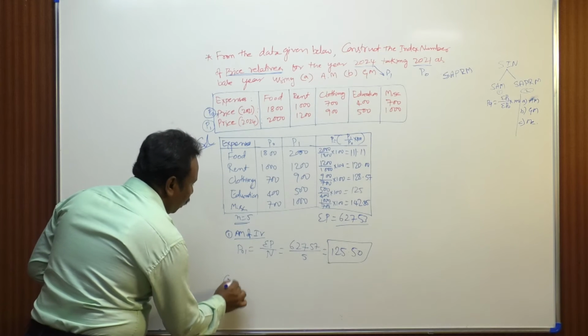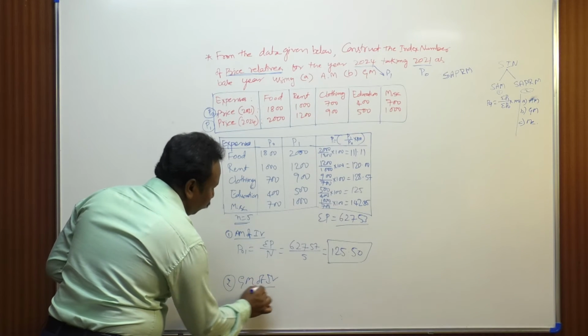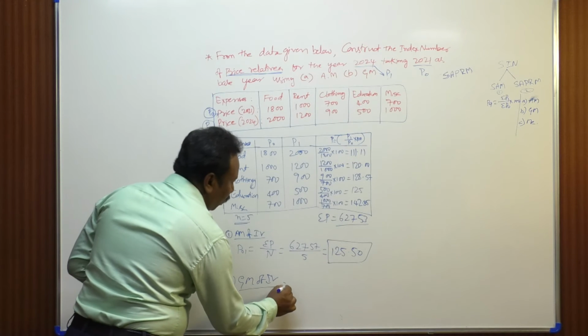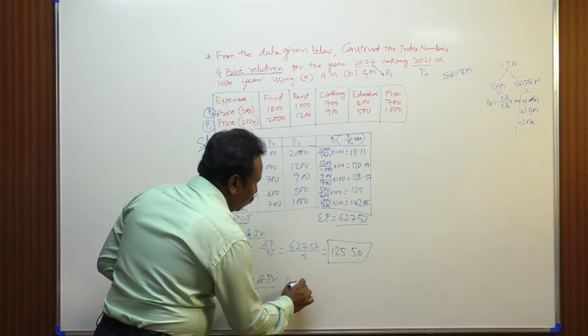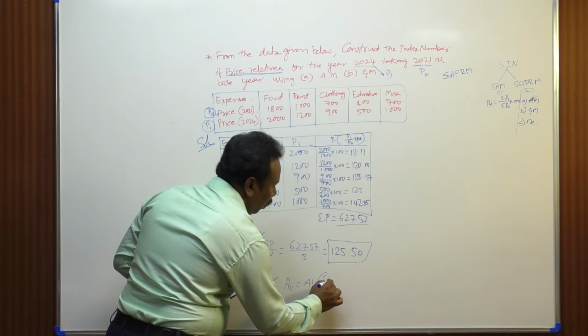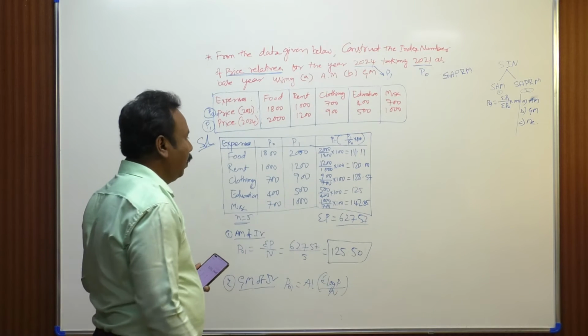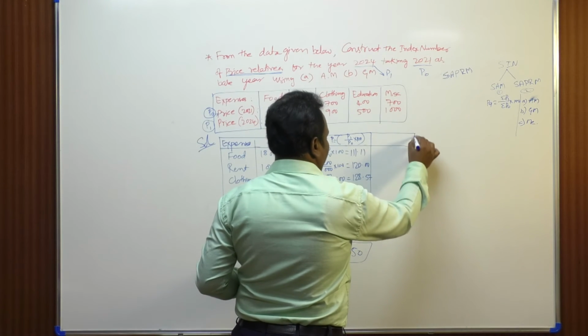So, number 2, according to geometric mean of index value, the formula is P01 equals anti-log of sigma log p divided by n. Here we have to calculate log p.